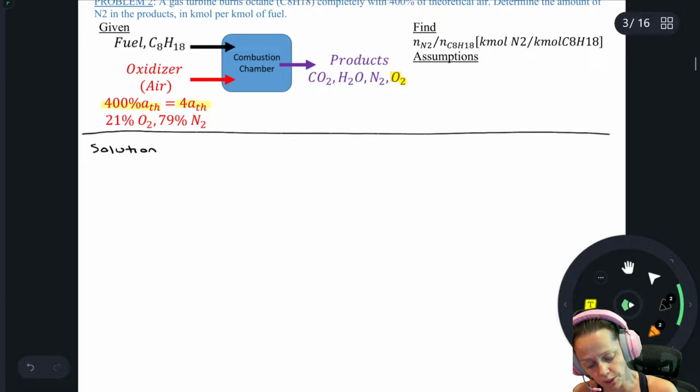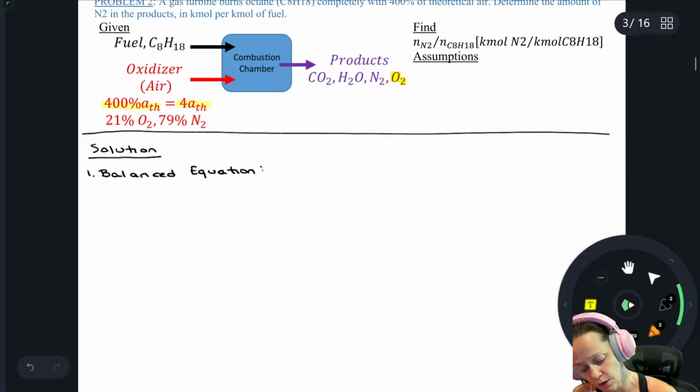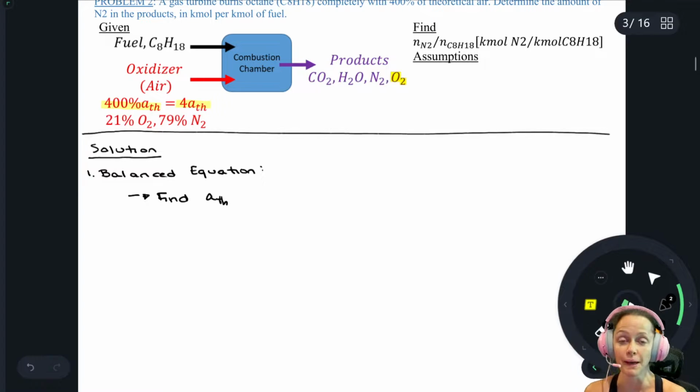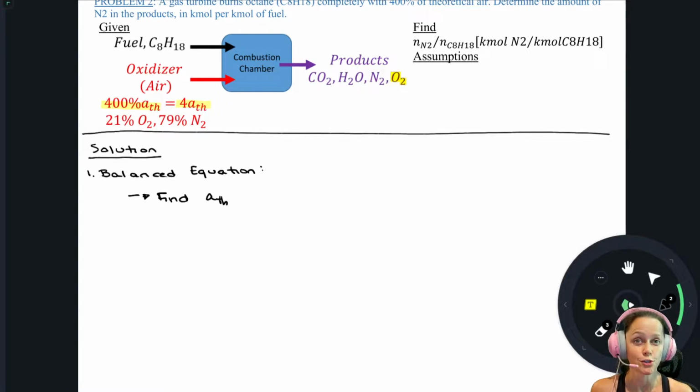So the first thing that we want to do is get our balanced equation. And there are 2 steps that are needed for this. So first thing is we need to find the minimum amount of air that's required for this. So what we're going to do is get the balanced equation for complete combustion of C8H18 with just 100% theoretical air.